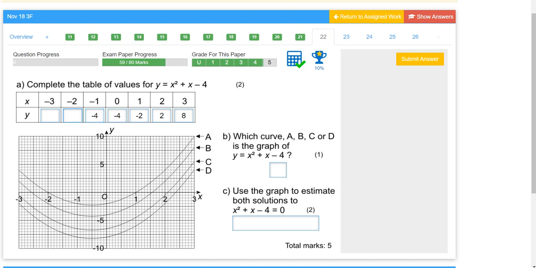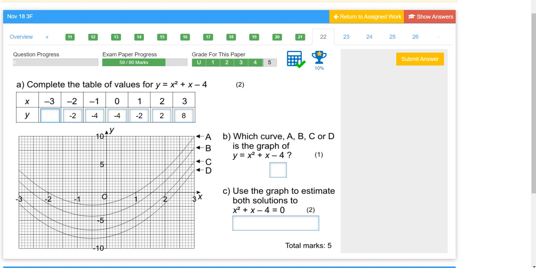Do the same thing for negative 2. So brackets, negative 2, close brackets, squared, plus brackets, negative 2, take away 4, that gives me negative 2. And then finally, for negative 3, I'm going to do brackets, negative 3, brackets all squared, plus, open brackets, negative 3, take away 4.